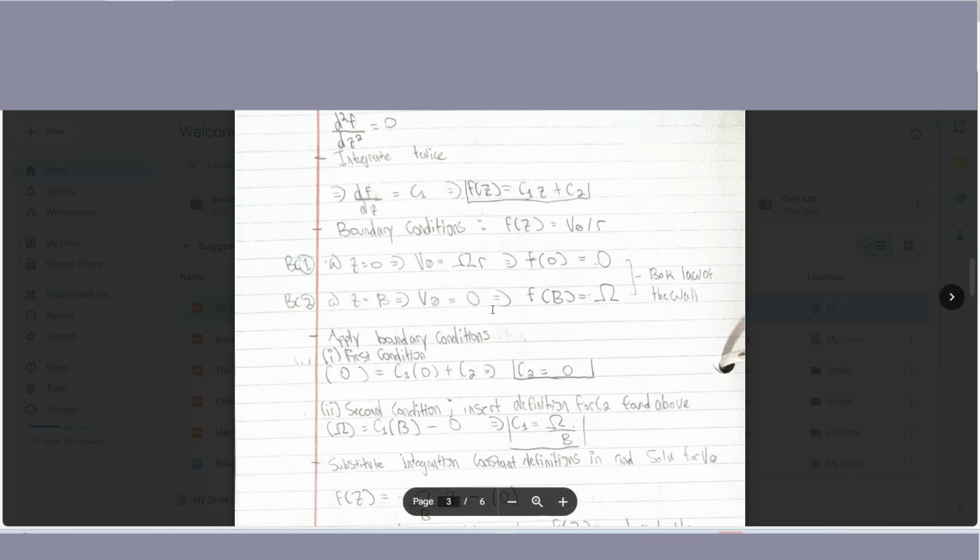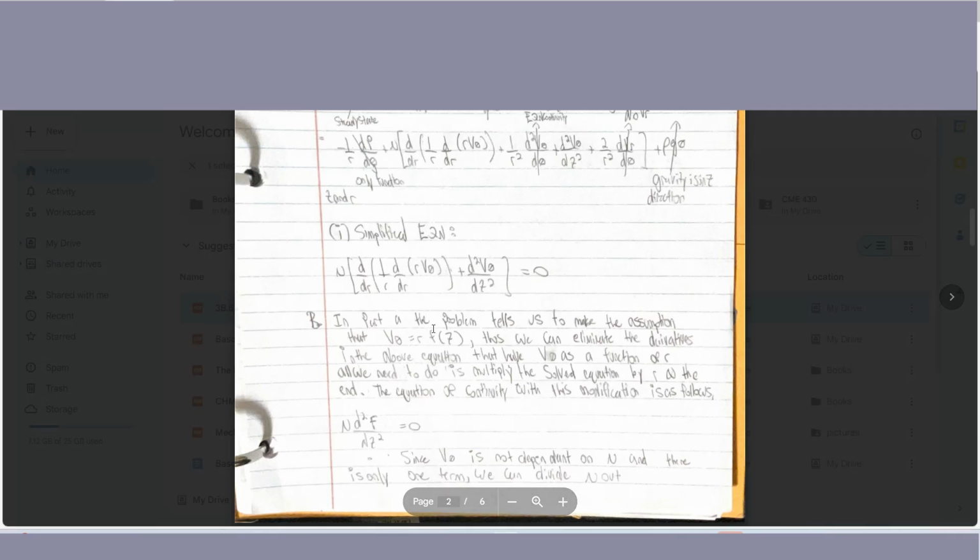I don't know why I did that. f of b equals sigma, because f of z equals v theta divided by r, and v theta is just the angular velocity sigma times the radius.